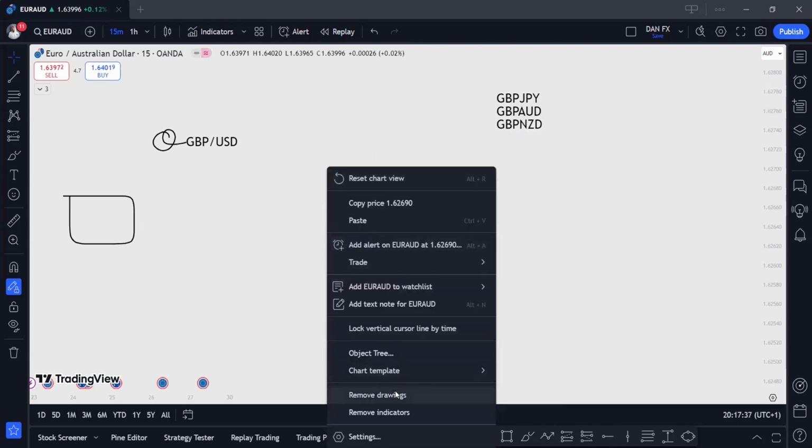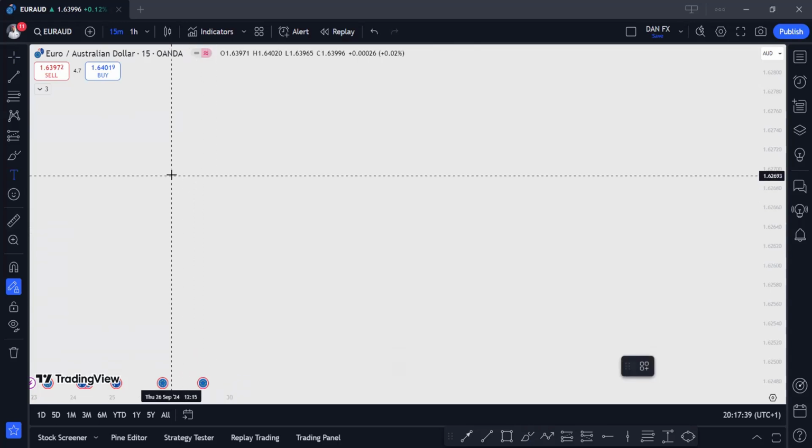So let's say we have GBP/USD, and we have AUD/USD.